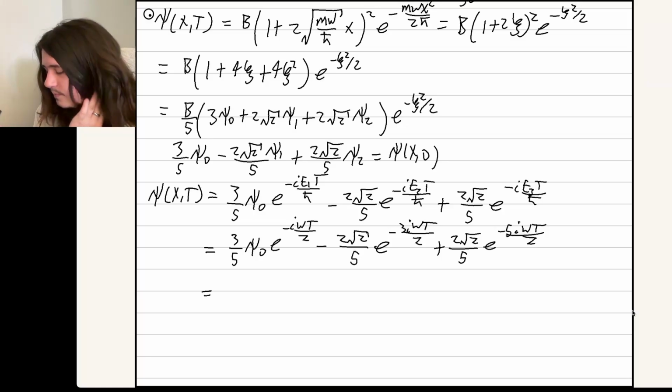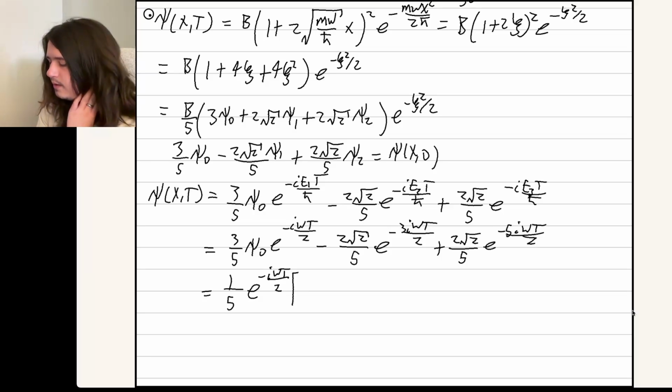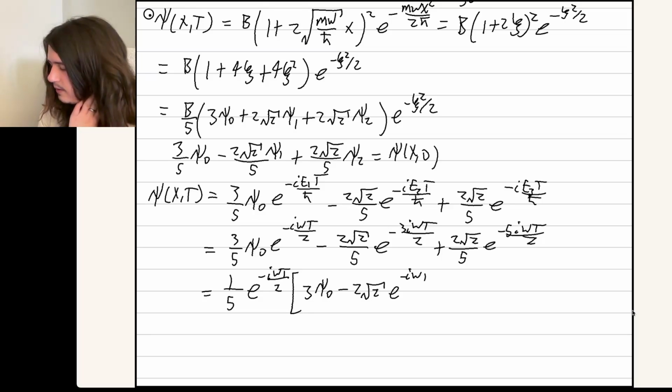So I'm going to factor out a factor of 5 and also e to the minus I omega capital T over 2 here. And so we'll have just 3 psi 0 minus 2 root 2 times e, and then 3 halves minus 1 half is 1, so just minus I omega T, plus 2 root 2 psi 2.